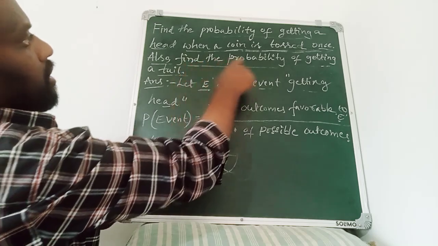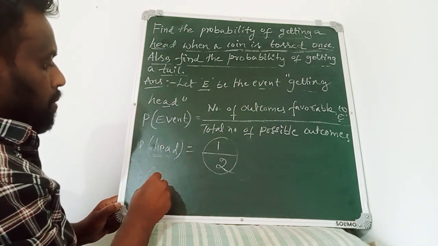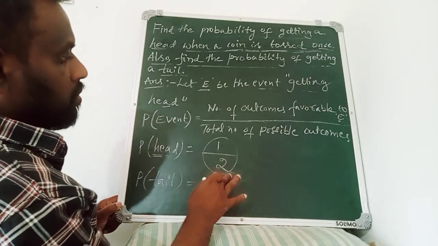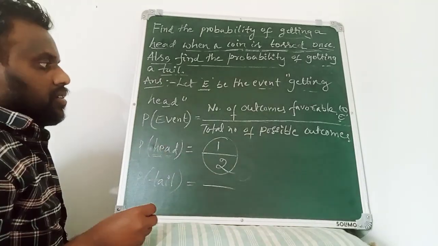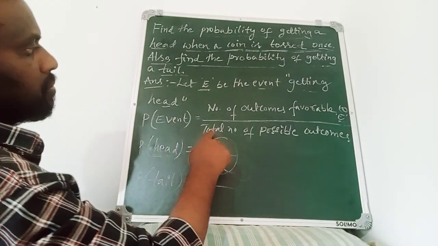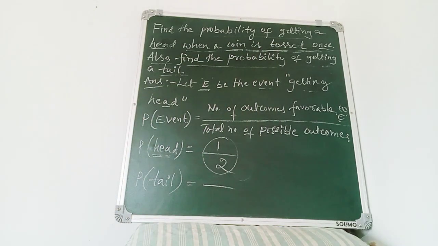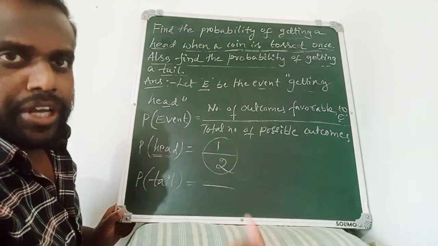Next, another question. Find the probability of getting a tail. So I will write it as P of tail is equal to, write this line first. Here we have to find the total number of possible outcomes. Tail is related to the coin only.